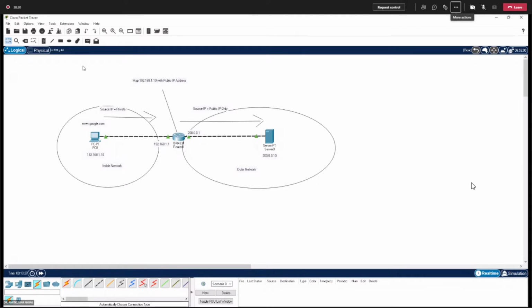Actually the sender is 192.168.1.10, but over here the source is getting changed and it will be some public IP address.